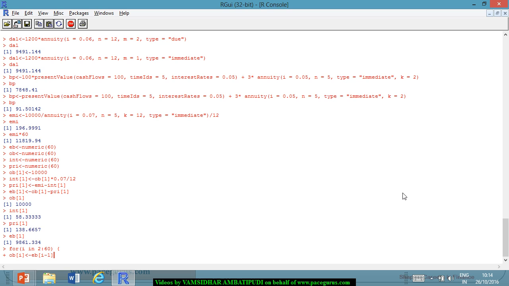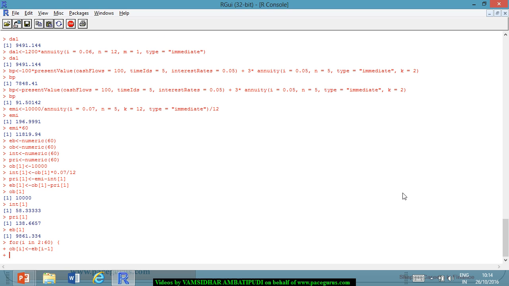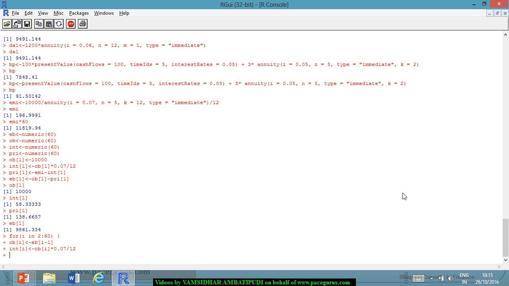The interest of I will come out as opening balance of I multiplied by 0.07 by 12.